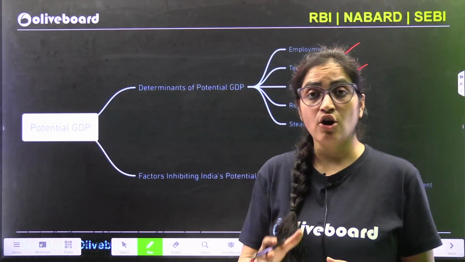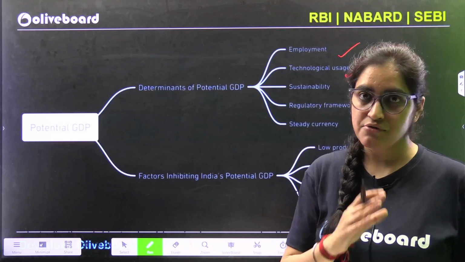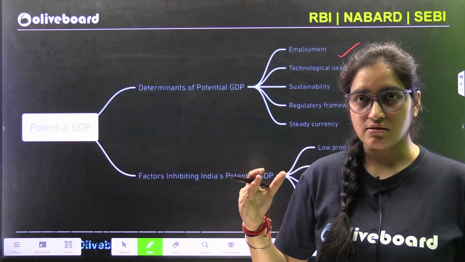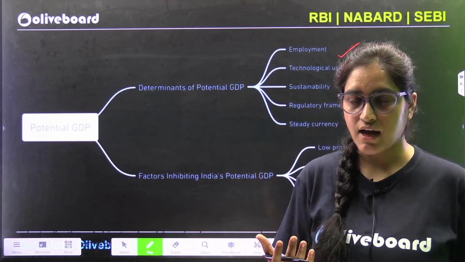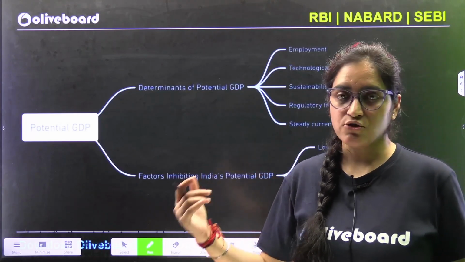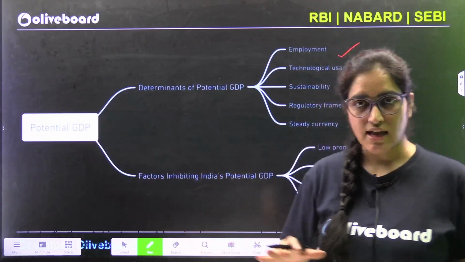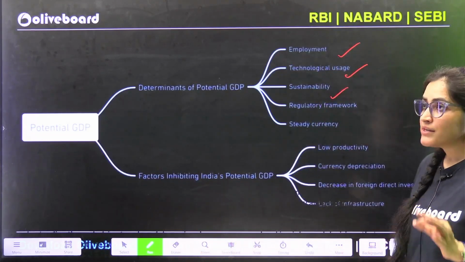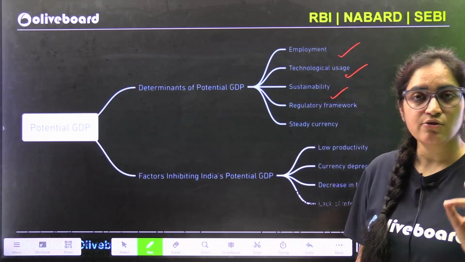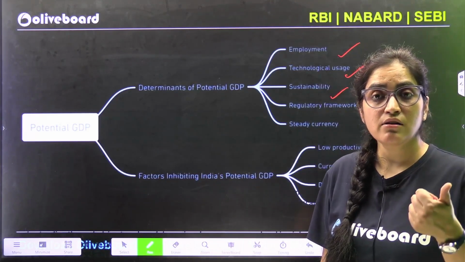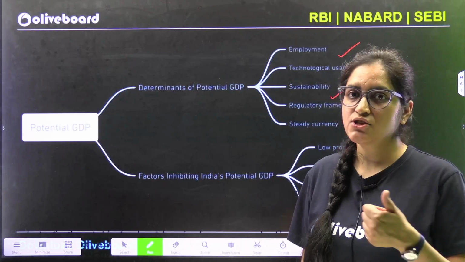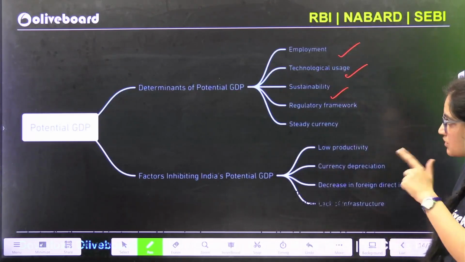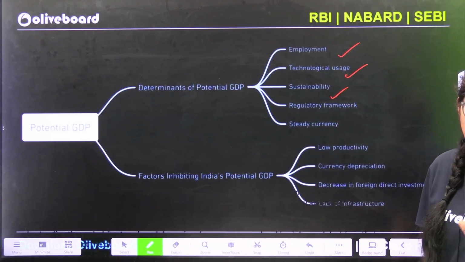How much technological penetration is there within the country, in each of the sectors, whether hygiene, health, education, or other sectors? Sustainability: what amount of natural resources are they using? What is the optimal resource utilization in the economy? If we are adding that, that is also one of the determinants.